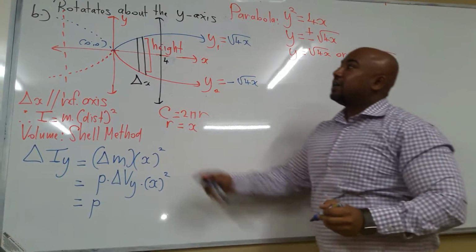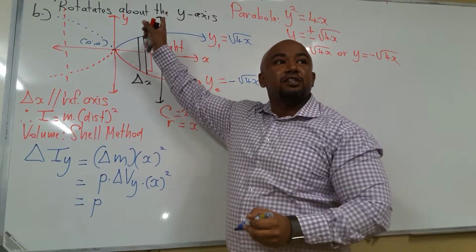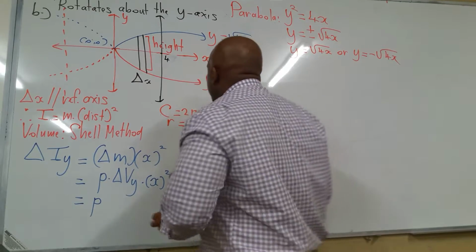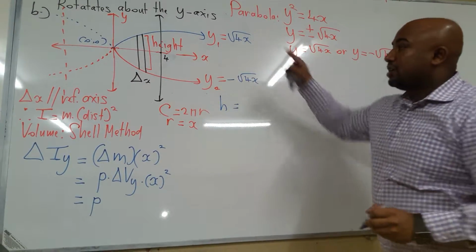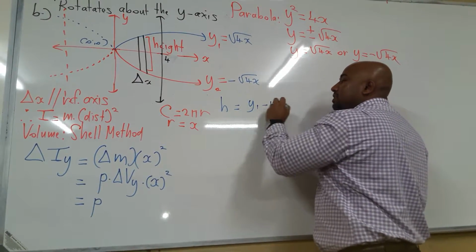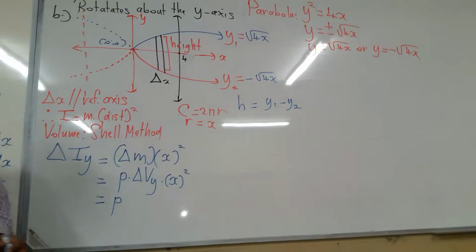To work out the height of the representative element, I take the top graph minus the bottom graph, so the height is y1 minus y2.